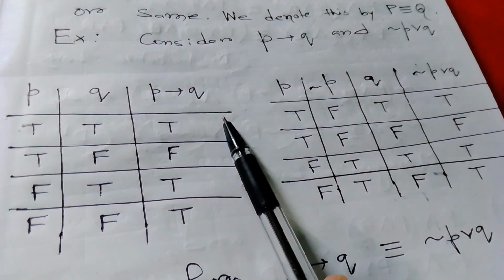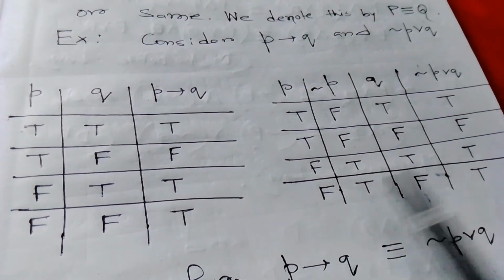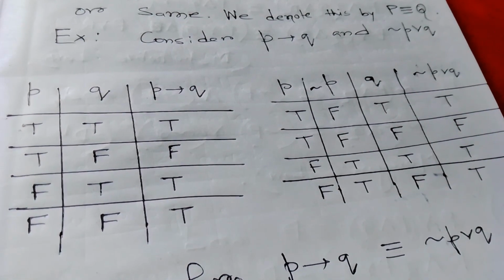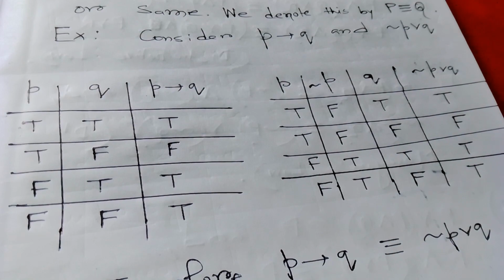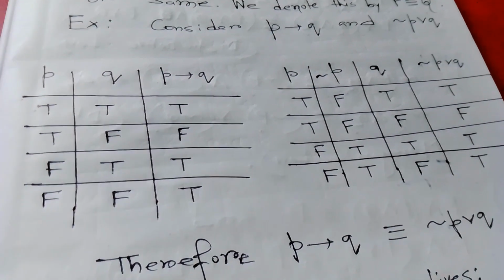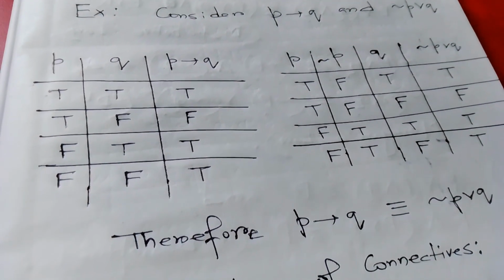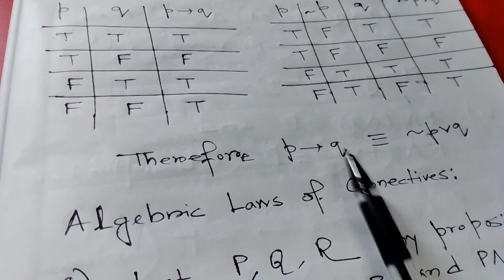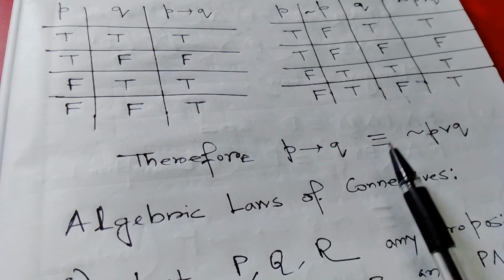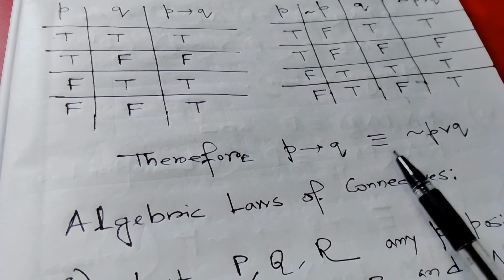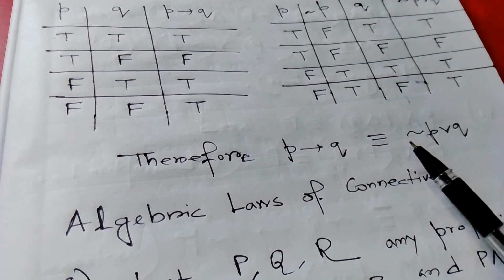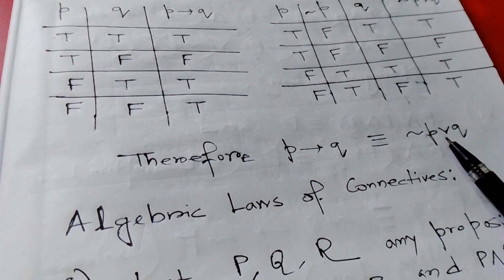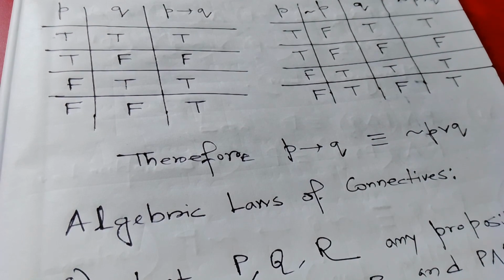We can see that the last column is the same for both truth tables. So we can say that both propositions have logical equivalence. Therefore P implies Q has logical equivalence with negation of P disjunction Q.